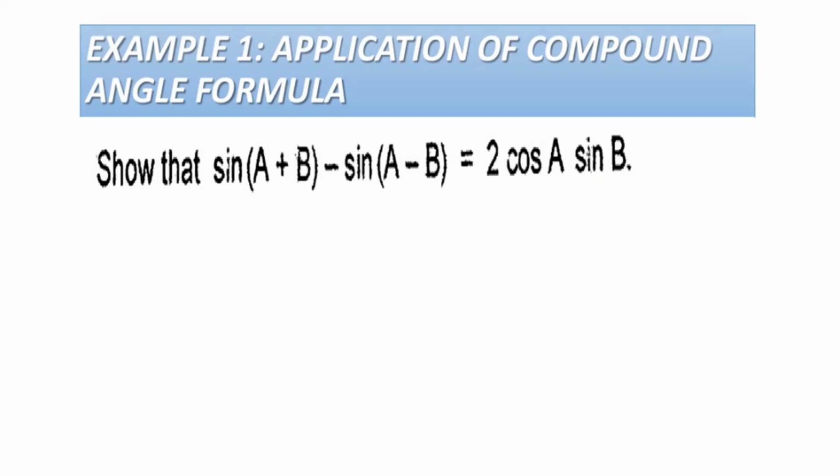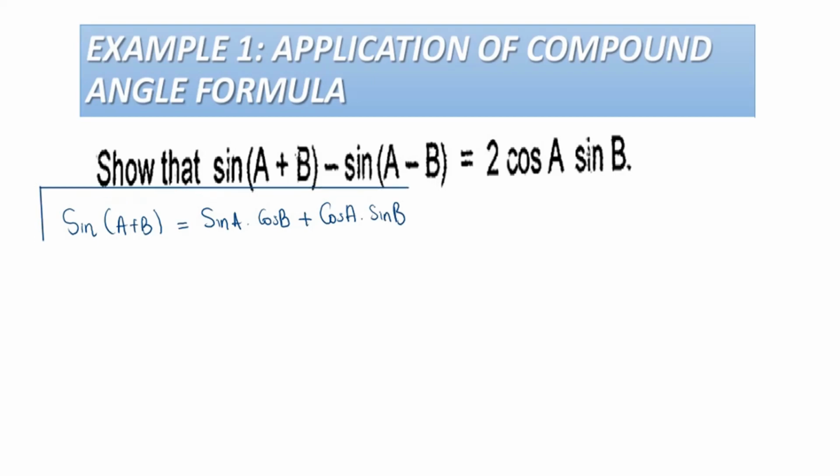So let us expand. We know that sine of A plus B is equal to sine of A cos of B plus, because the sign stays the same, cos of A times sine of B. So that is our compound angle identity, okay?